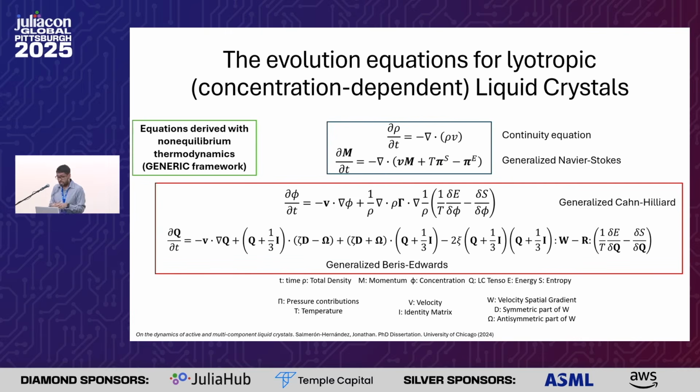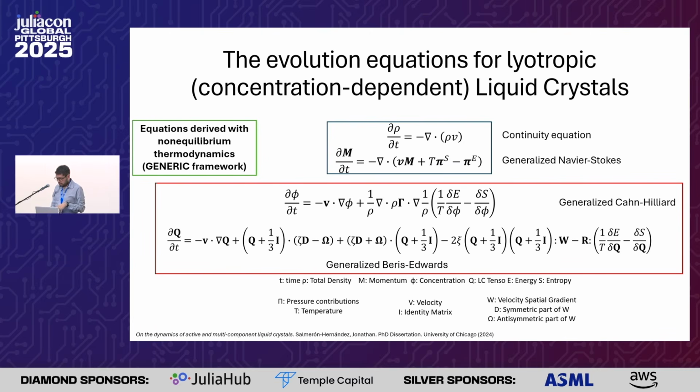The third equation is phi evolving in time, which is how the liquid crystal concentration changes in time because of the diffusion process. The fourth equation is a generalized version of the equations for how the Q tensor, or the order, evolves in time. As you can see, I have split it into energy and entropy.